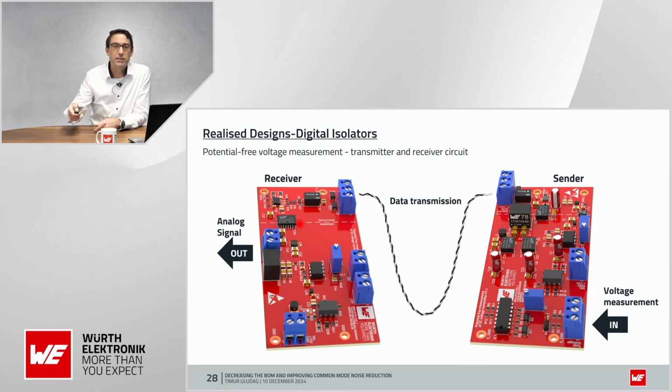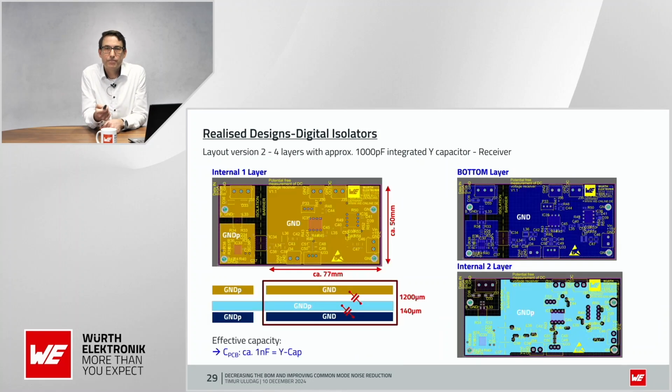Here we have placed our digital isolators, and also our power module here and here. And there you can see that this is a more complex application, but also in this more complex application, you can easily go for a 4-layer design with 1000 picofarads integrated capacitor.